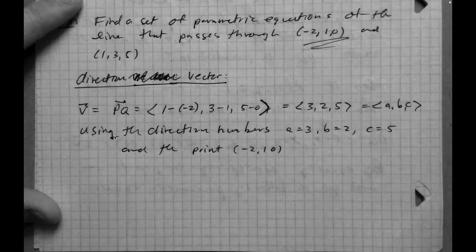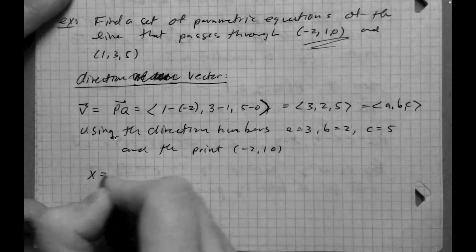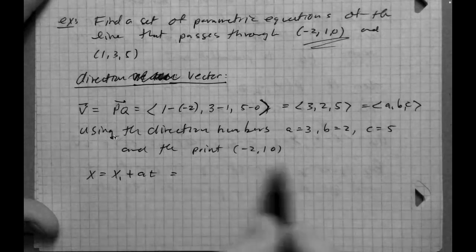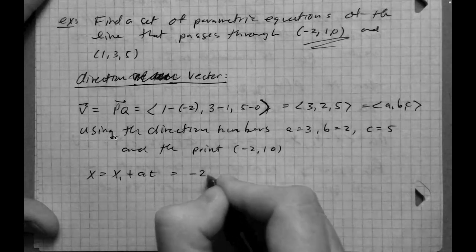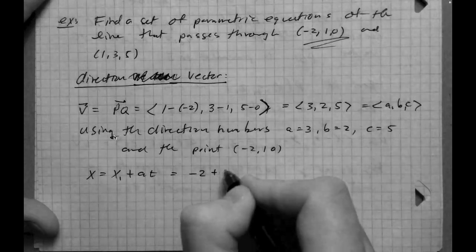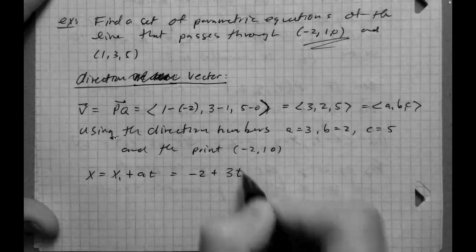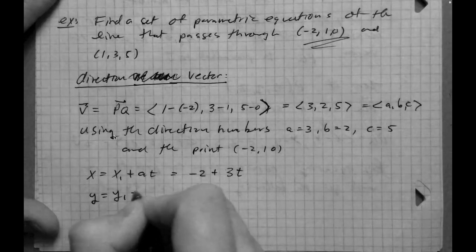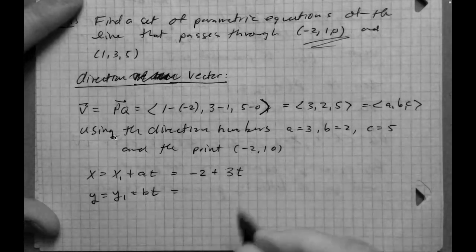So x equals x1 plus at, where x1 is -2 and a is 3, so -2 plus 3t. y is y1 plus bt, which is 1 plus 2t.